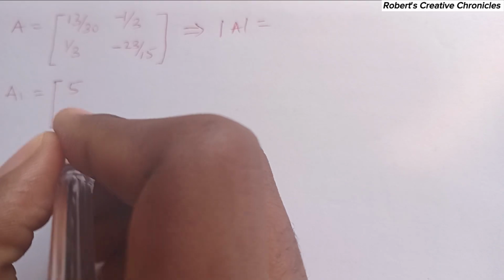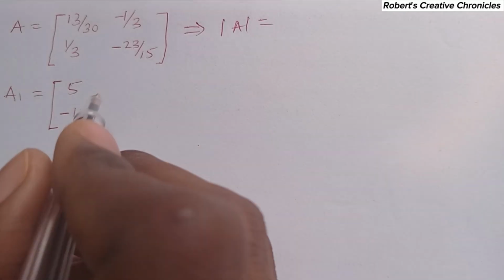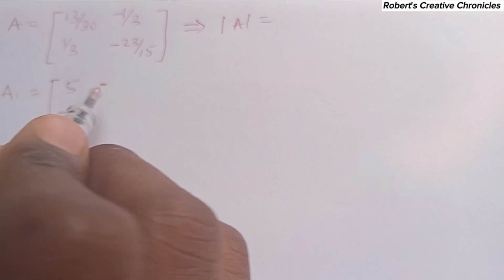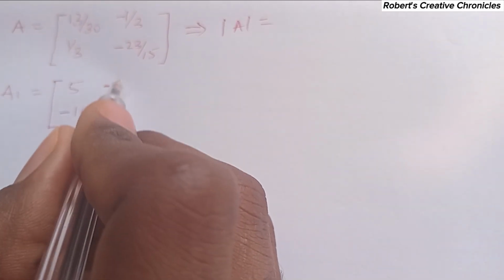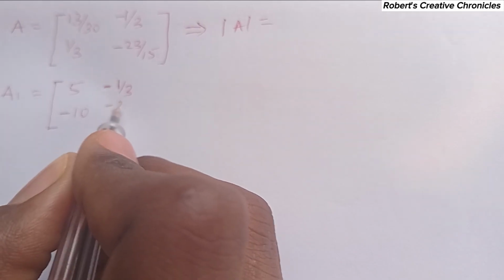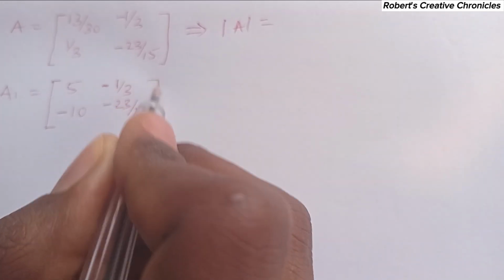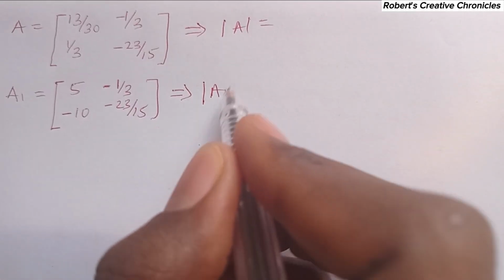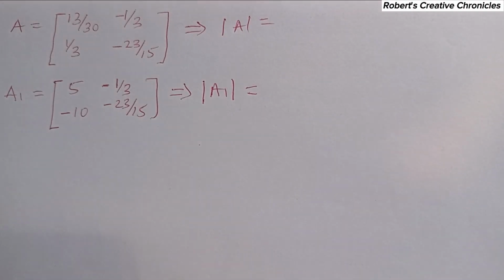Then the other column is minus 1 over 3 and minus 23 over 15. So then the determinant of A1, we'll find it in the calculator.